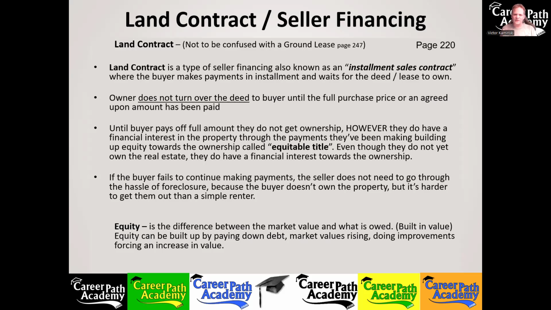So that's a little bit different than your typical seller financing. In a typical seller financing, it works the same way as when you get financing from the bank. You sign the contracts, you close on the deal, the seller signs over the deed to the buyer, and you're the owner and you make mortgage payments. In this case, with seller financing, you'd be making mortgage payments to the seller.